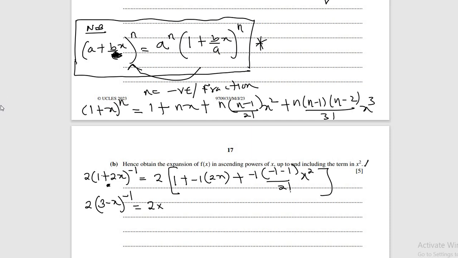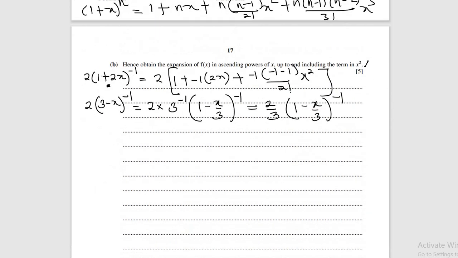All I did there, if you follow it, gives us 3 raised to power minus 1, times (1 minus x over 3) raised to power minus 1, which is the same thing as 2 over 3 bracket 1 minus x over 3 raised to power minus 1. So we can now expand.